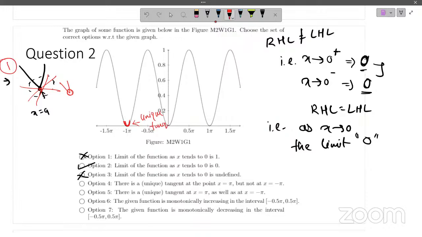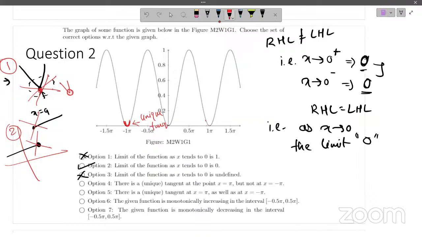So this is one scenario in which we have more than one tangent, so we don't have a unique tangent. The other scenario is something like this. Suppose my function is ending here and then starting from here. Here also you can observe that this will work as a tangent, and this will work as a tangent, right? So in these two scenarios, you are not able to get a unique tangent.